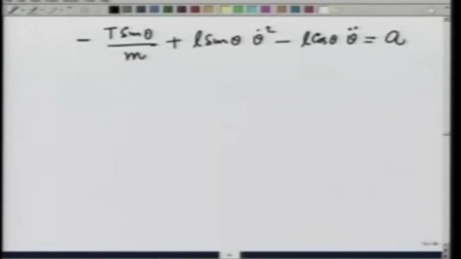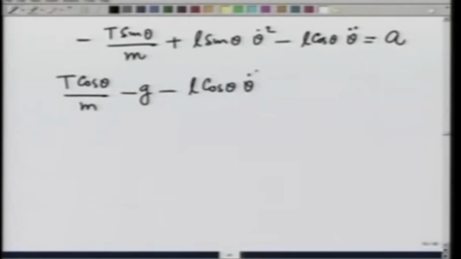And for the y equation, I am going to get y b double dot, which is T cosine theta over m minus g, minus L cosine of theta, theta dot square minus L sine of theta, theta double dot is equal to 0. Let me call this equation number 5 and equation number 6.